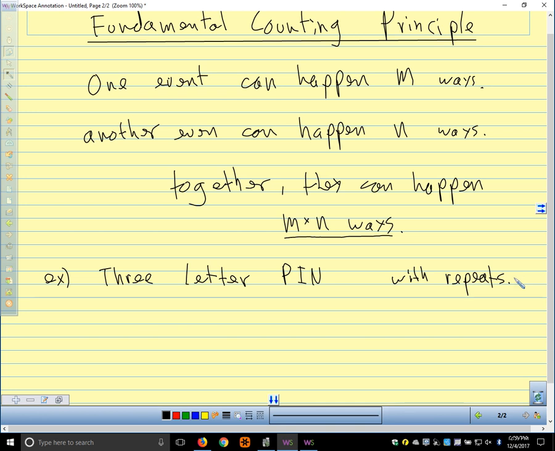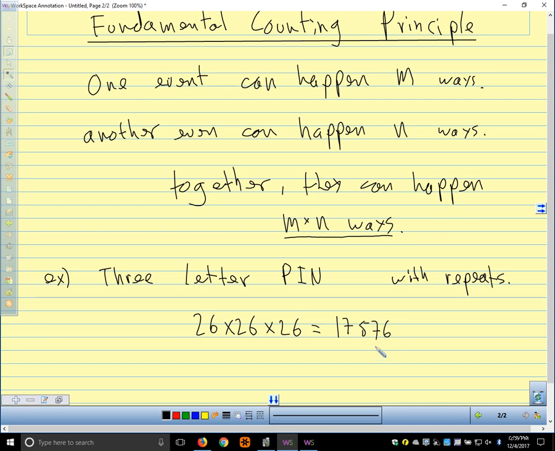So how many letters can we pick for the first letter? 26, 26 letters in the alphabet. How many can we pick if we're allowing repeats? Times 26 times 26.